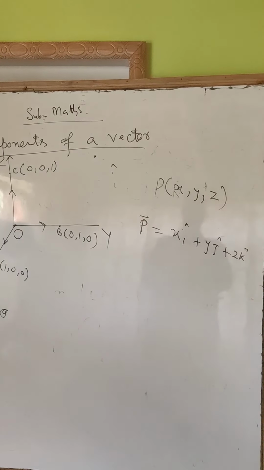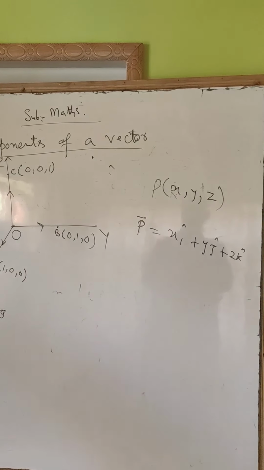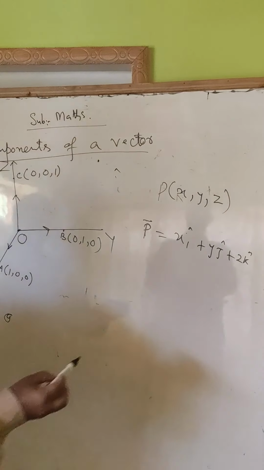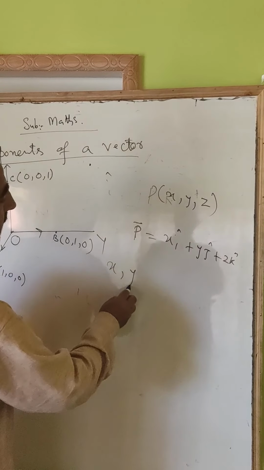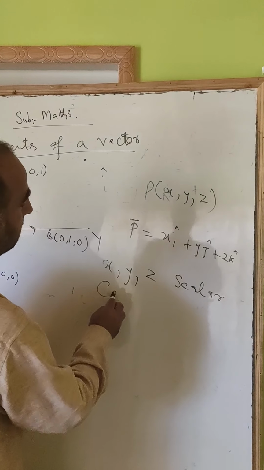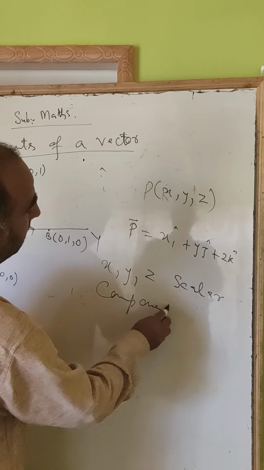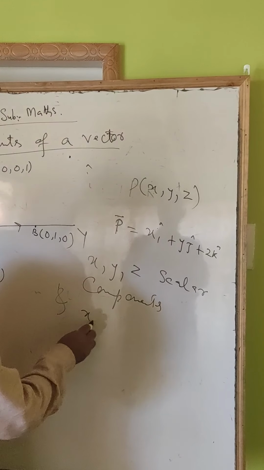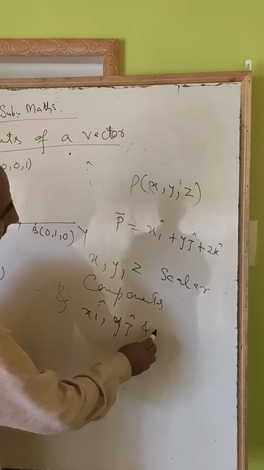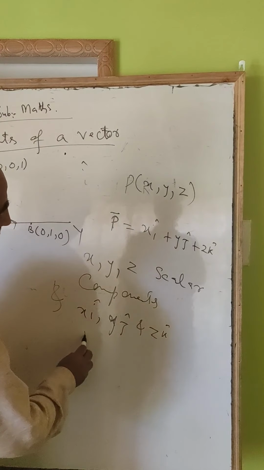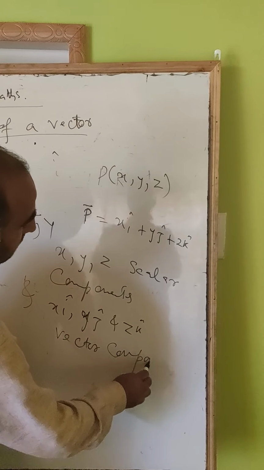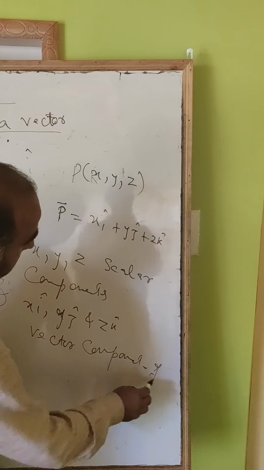Here x, y, z are called the scalar components of a vector. And xi, yj and zk, these are called the vector components of a vector.